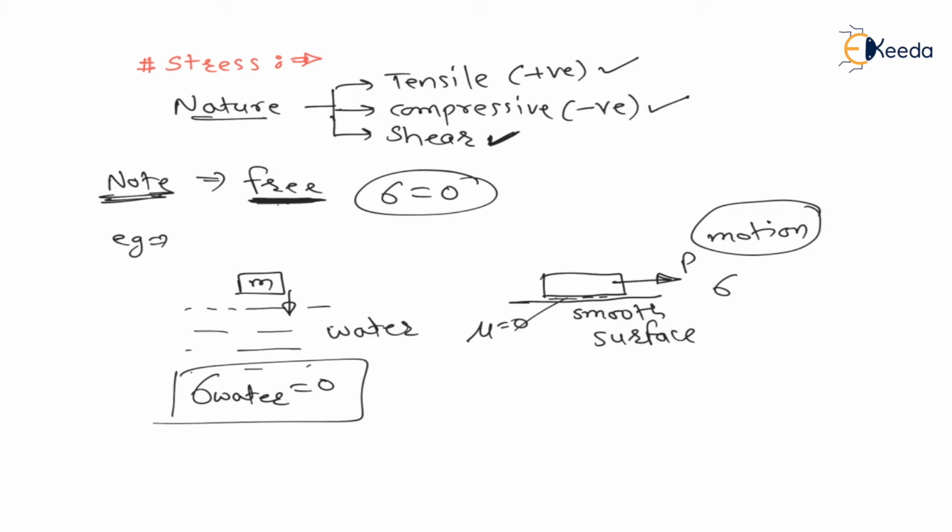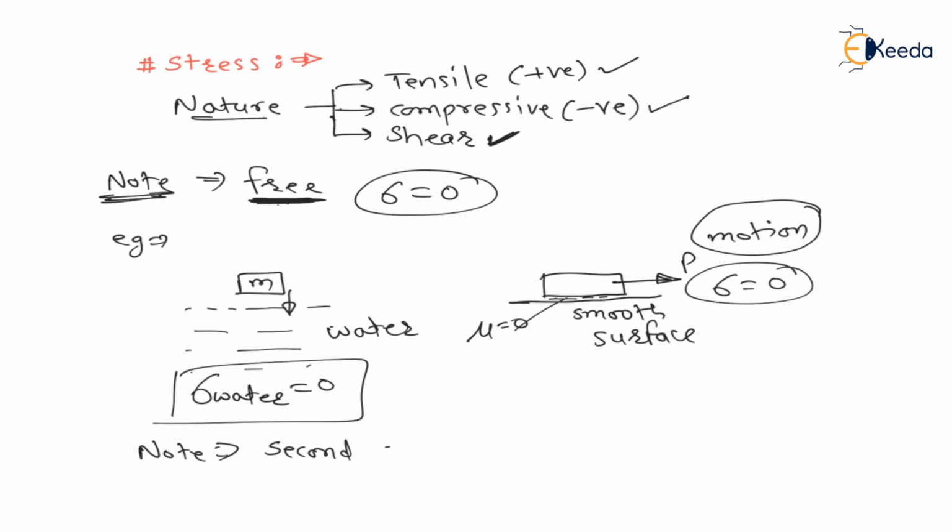Here stress in the component will be zero because there is no resistance to the motion. The component will move because of the applied force. There will be no resistance, hence no stress in the component. Again, if any component is free to expand or contract due to change in temperature, then the stress in the component will be zero.